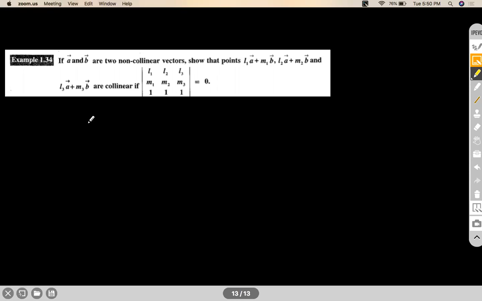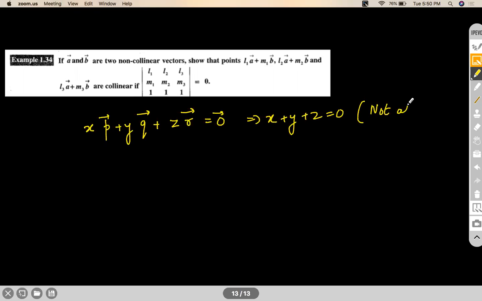We had learned that any 3 points, let's say PQR, or any 3 position vectors PQR are collinear when a linear combination of them, x P plus y Q plus z R equal to a null vector, leads to x plus y plus z being 0, but not all 0. Correct? Do you remember this? Please recall this. This was the second method to prove.